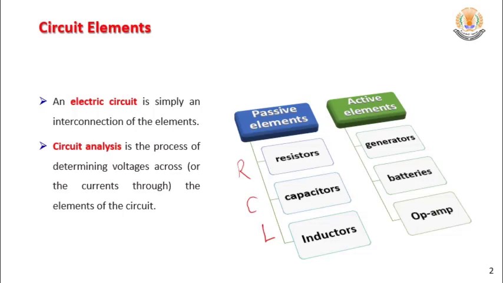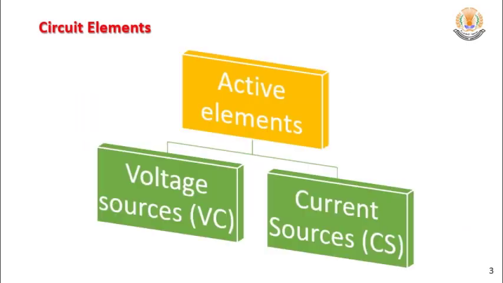Of course you will have big circuits, not simple ones, but we'll start with simple circuits. Active elements, we agreed, means generators, batteries, and op-amps, operational amplifiers. Active elements can be voltage sources, VS, or current sources, CS. Clear?